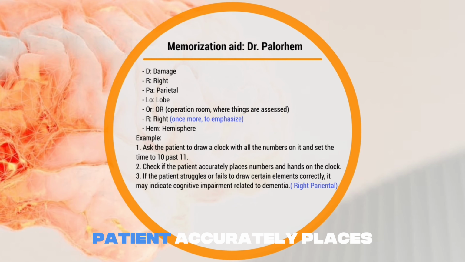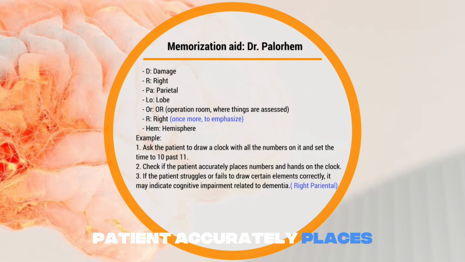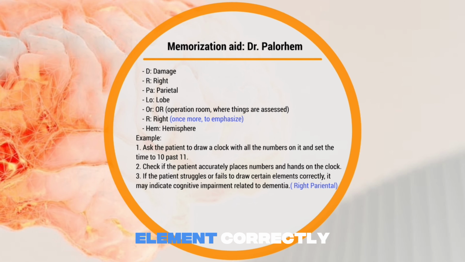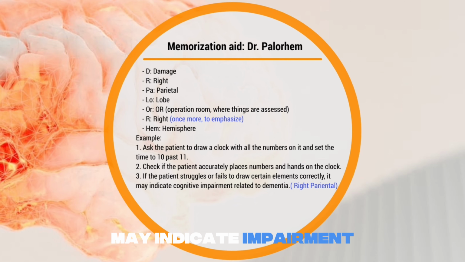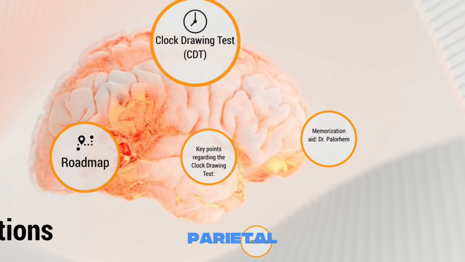Check if the patient accurately places the numbers and the hands of the clock. If the patient struggles or fails to draw certain elements correctly, it may indicate impairment related to dementia, and oftentimes that is the right parietal.